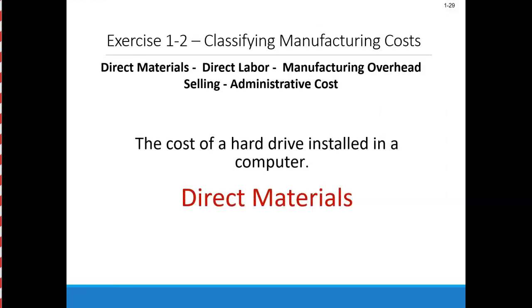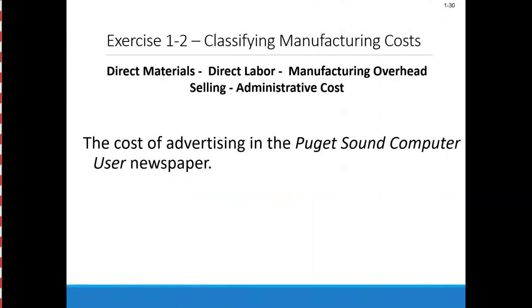The hard drive is tangible that's going into that computer. What about the cost of advertising in the Puget Sound computer user newspaper? Isn't that a selling expense? That will be expensed on the income statement. It's not part of the product cost. It doesn't follow the product until it's sold. Selling and admin expenses go straight to the income statement.